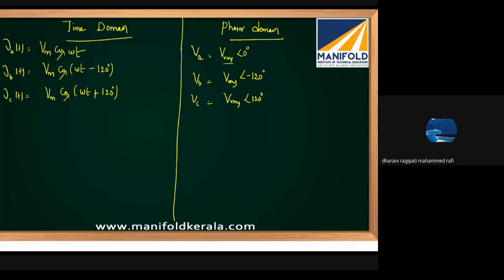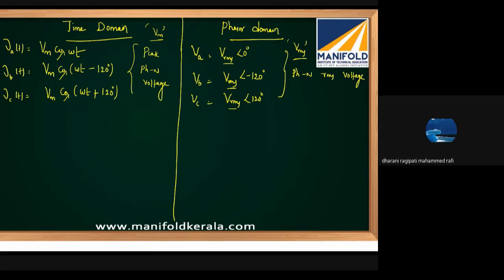See, these are the phase to neutral RMS voltages, whereas VM is the peak value of phase to neutral voltage. What is VM and what is VRMS? Here VRMS is the phase to neutral RMS voltage. Here VM is the peak phase to neutral voltage.